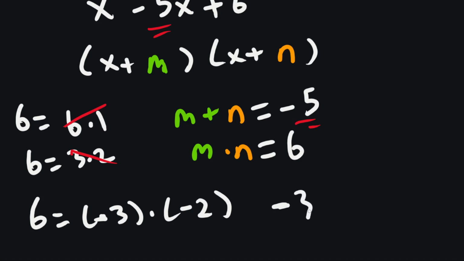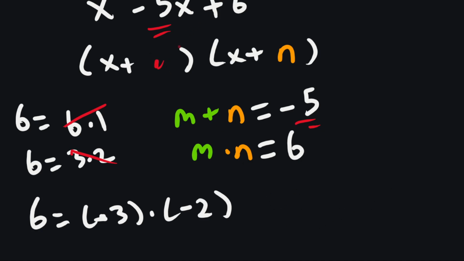So -3 plus -2. And a plus and negative is essentially the same as subtracting. So -3 minus 2 is -5, which is just what we're looking for. -5 is our b term. So -3 and -2 will be our m and n.